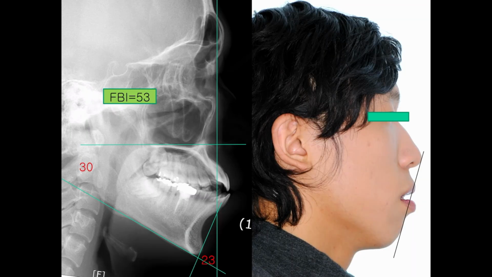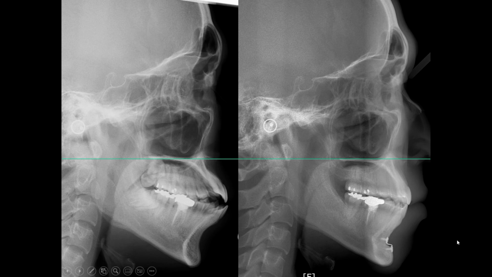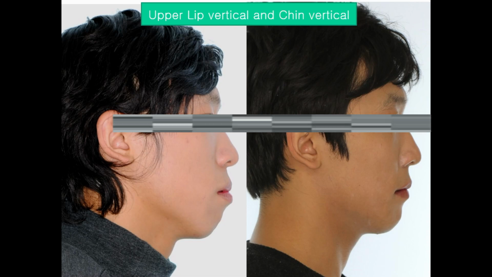Look at this patient, a little mentally retarded, but his face looks more ugly. So the parents want to change. Look, it's totally different. Okay, so this is my final approach.